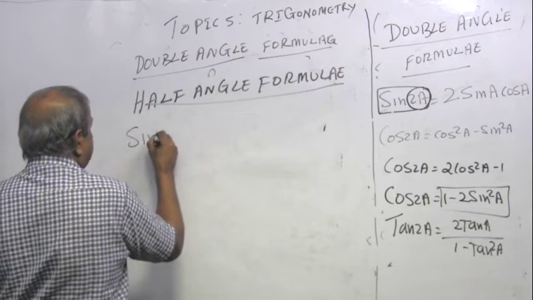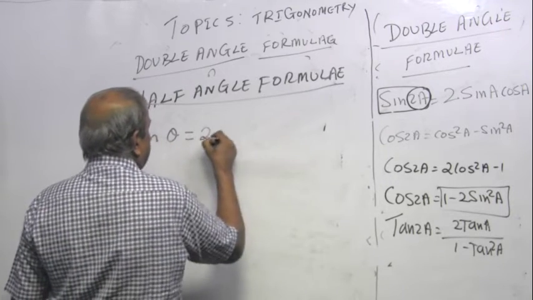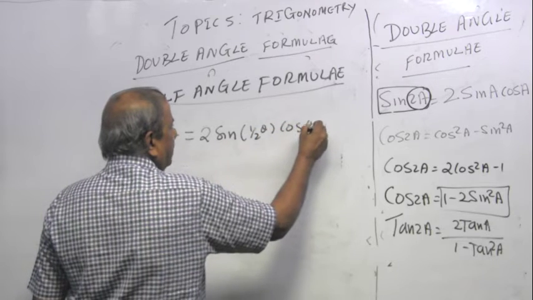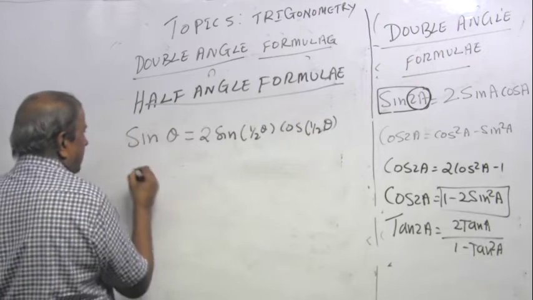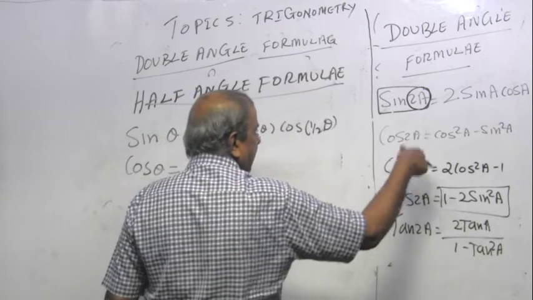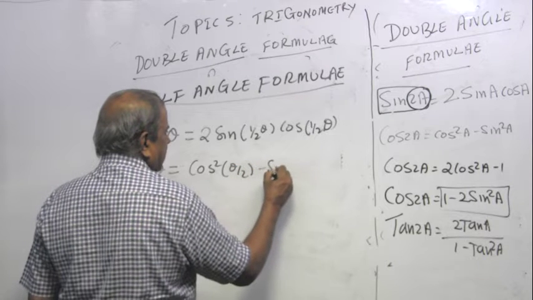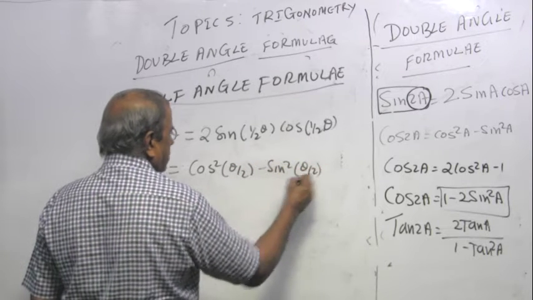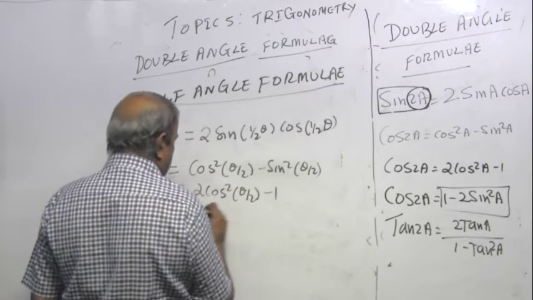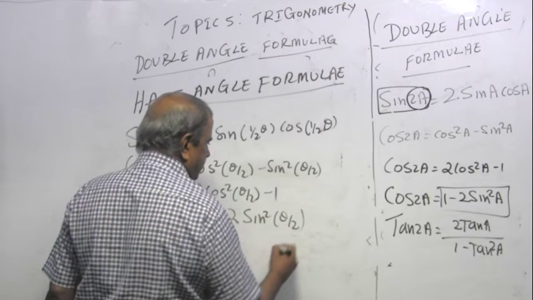So, sine theta. 2a is theta, so a is half theta. 2 sine half theta cos half theta. Get it? Cos theta equal to 2a is theta, a is half theta. Cos squared theta over 2 minus sine squared theta over 2, or 2 cos squared theta over 2 minus 1, or 1 minus 2 sine squared theta over 2.